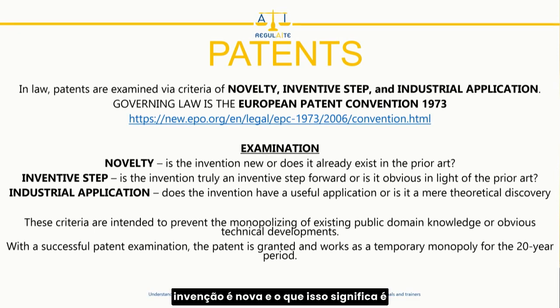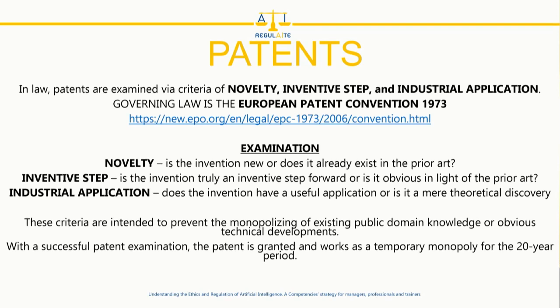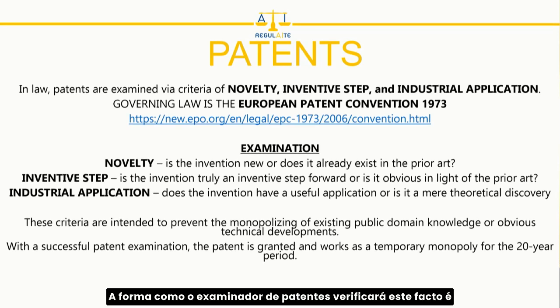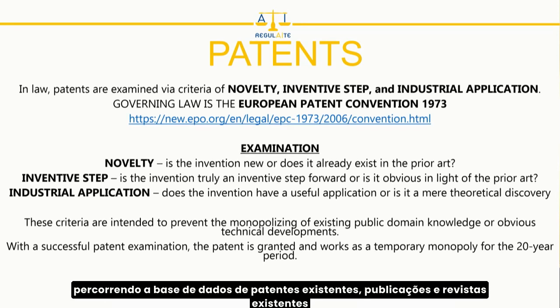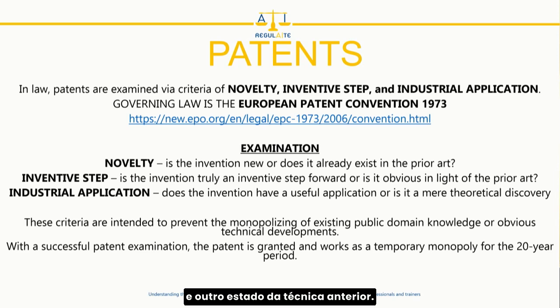And what that means is that your invention is new. You have done something that nobody else has done before. The way the patent examiner will check this is to go through the database of existing patents, existing publications and journals, and other prior art.